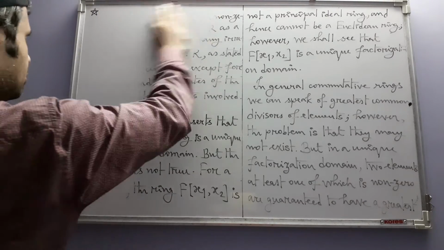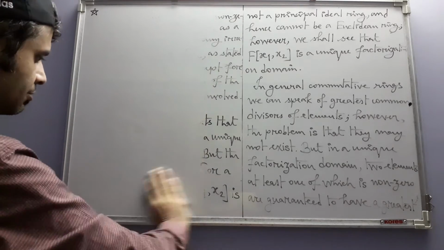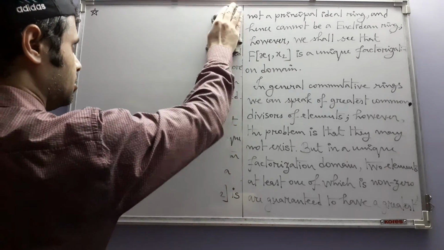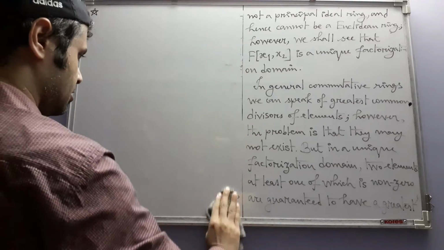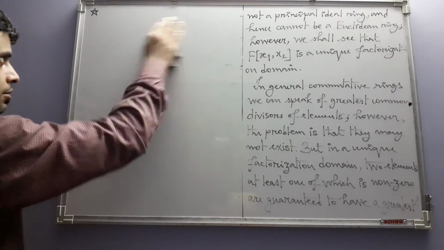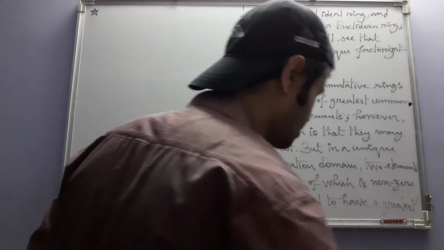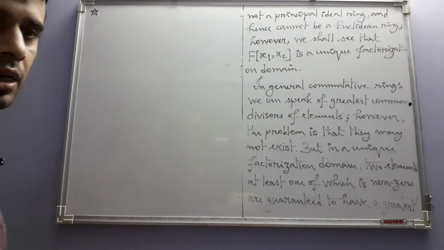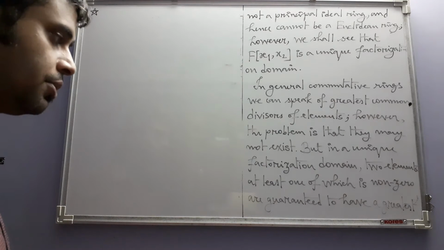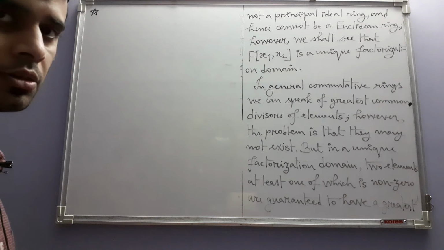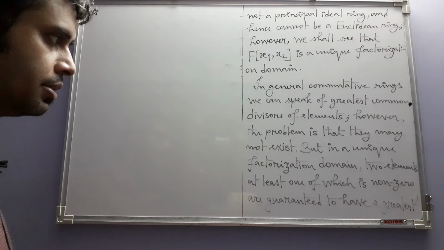That means if you are in a general commutative ring, then you can define GCD of two elements, but it may not exist even when both of them are non-zero. But if you are in a unique factorization domain, then they will exist.